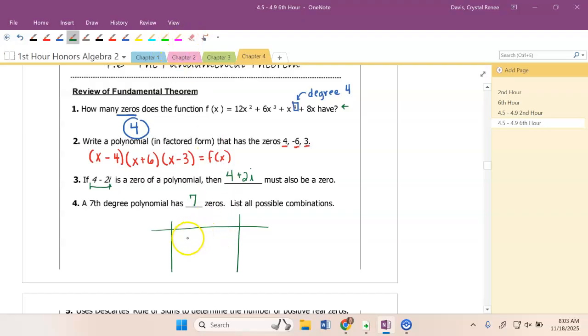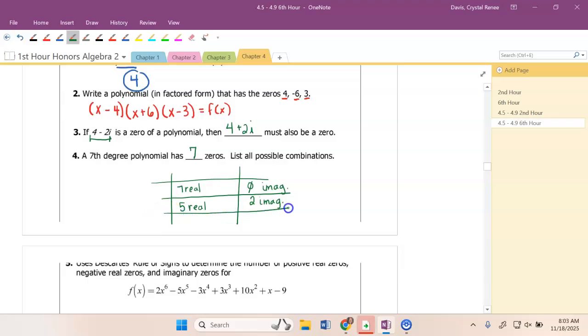So we could have 7 real solutions, and if we have 7 real, we could have 0 imaginary. Now we can't have 1 imaginary because they come in pairs, so we could also have 2 imaginary solutions. But if we had 2 imaginary solutions and 7 total zeros, that means we would have 5 real zeros.